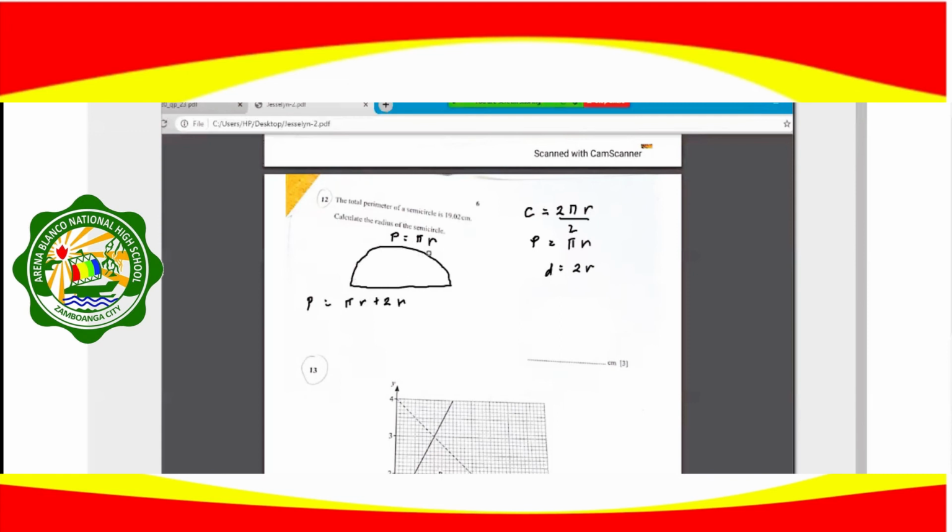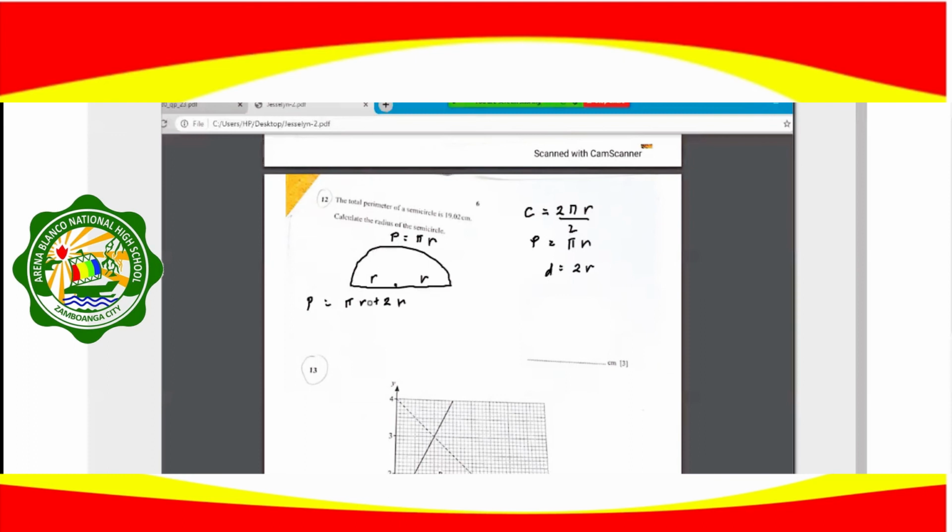Meaning, this arc plus twice your radius. Correct? Can you follow? Pi r plus 2r. Yes, because this is r. Correct? This is another r. So, if you get the perimeter, we always add all the sides, right? Oh, yes.